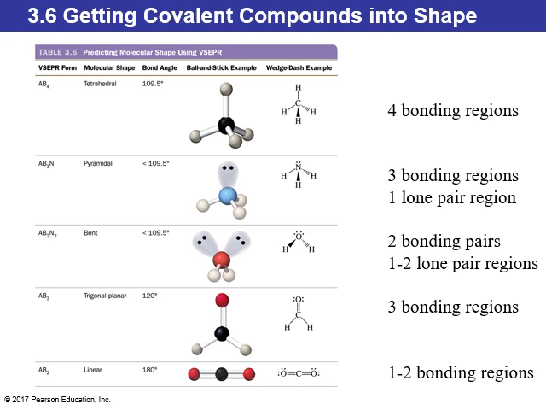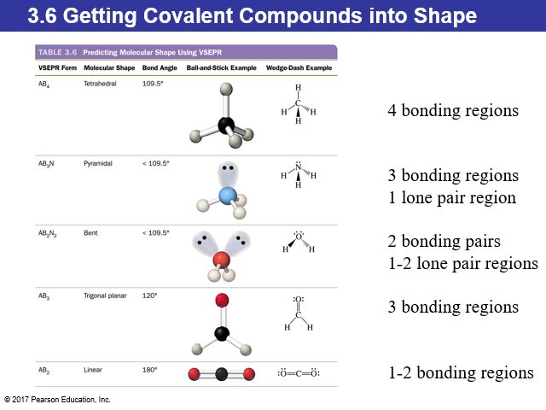But since we have these lone pair electrons around oxygen, which is why it's really important to know how many lone pair electrons a molecule brings to the table too, those lone pair electrons are going to repulse each other and those bonding electrons between the oxygens and the hydrogens and force them down. So for bent molecules, you're going to have 2 bonding pairs and 1 to 2 lone pair regions around the central atom. And then our trigonal planar, we have 3 bonding regions.